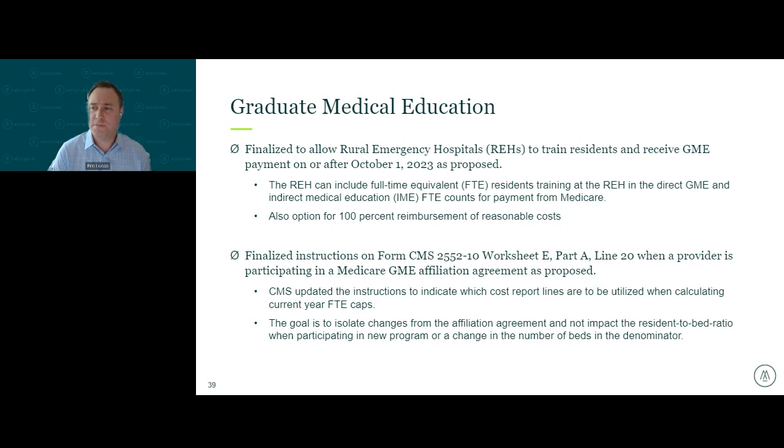These hospitals can now participate in medical education programs and obtain reimbursement for that. And then there's been a change to the cost report instructions to ensure that it's calculating the cap correctly for Medicare GME affiliation agreements. So that is finalized as well.